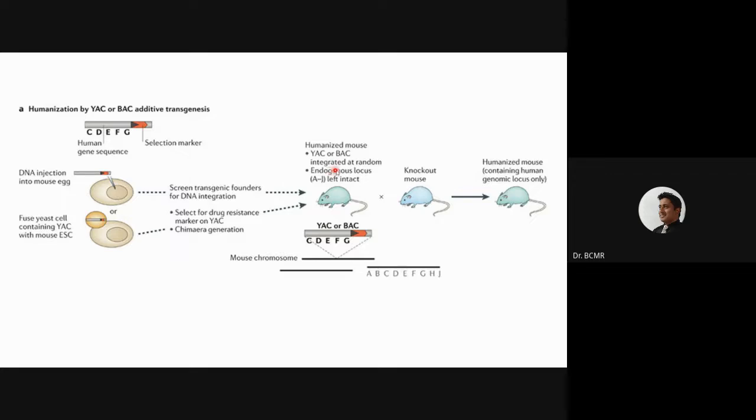And then you can figure out which of these founders have the DNA integration, and you would have gotten the humanized mouse. You can also do it by fusing a yeast cell containing YAC, that is the yeast artificial chromosome, and similar things go through it.